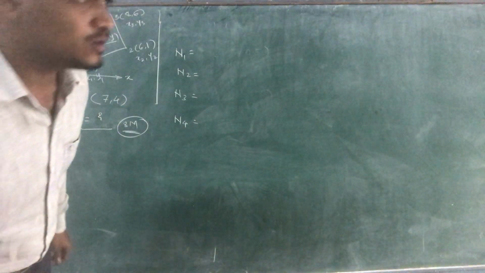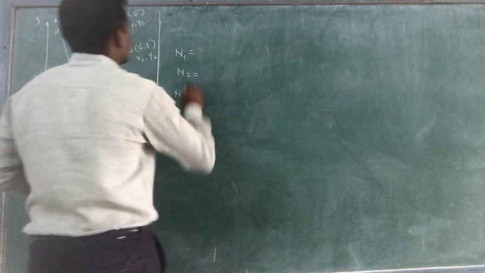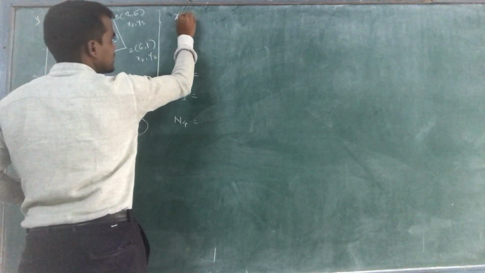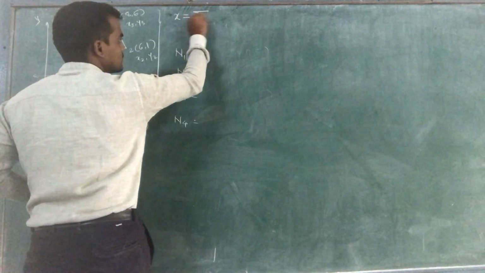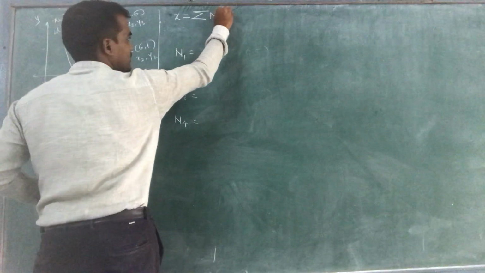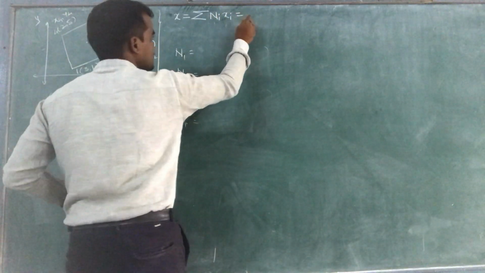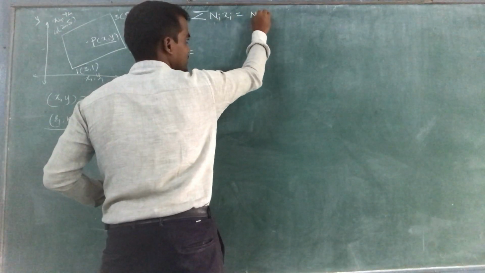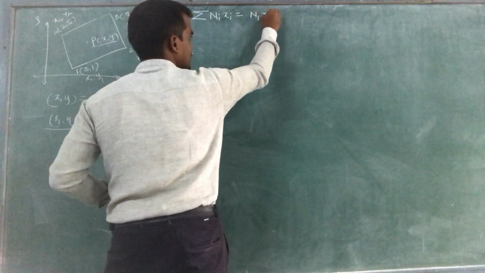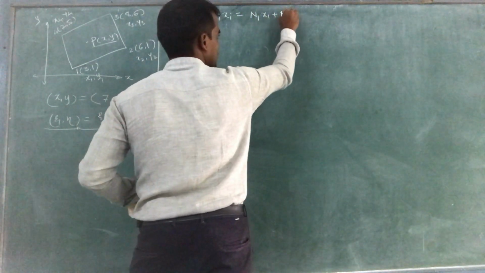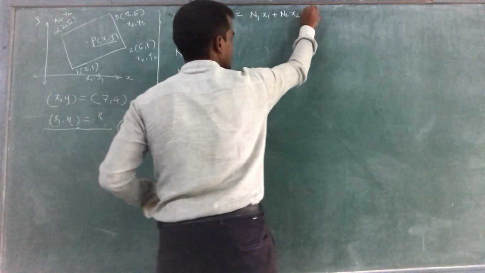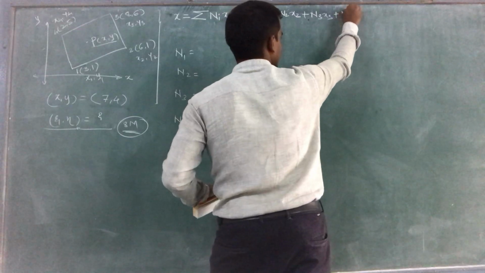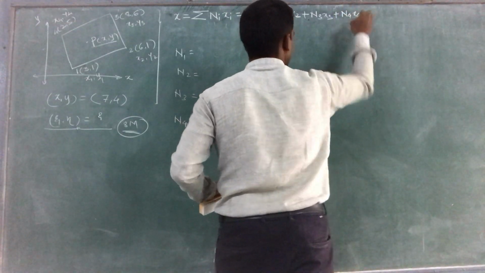As we know, the Cartesian coordinates can be determined using this formula: x is equal to summation of N_i x_i. Since this is for a quadrilateral element, we can write it as N1 x1 plus N2 x2 plus N3 x3 plus N4 x4.